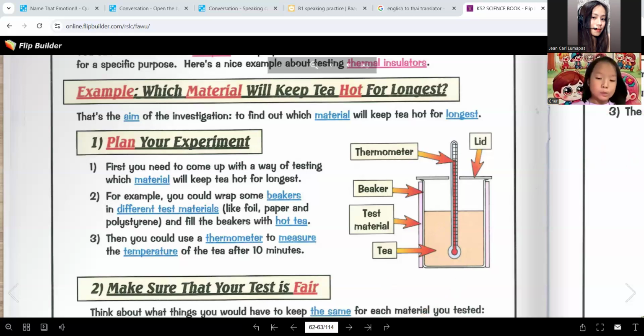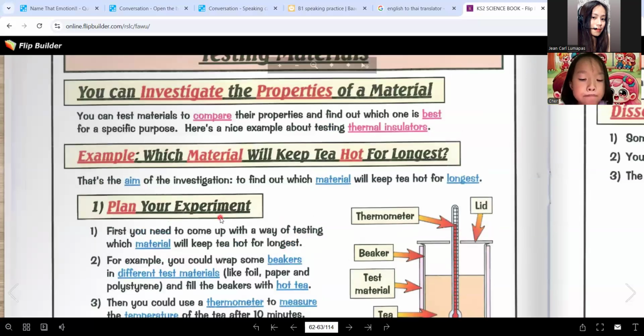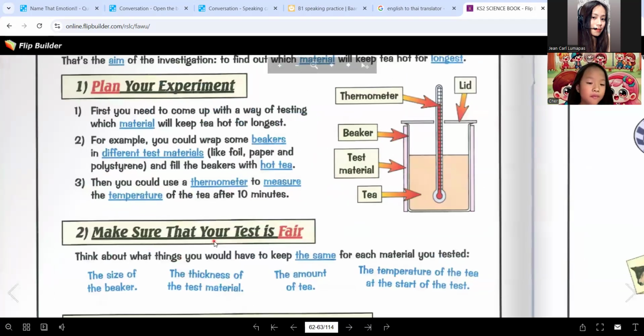So now again, let's review the steps. Step one, we need to plan our experiment.